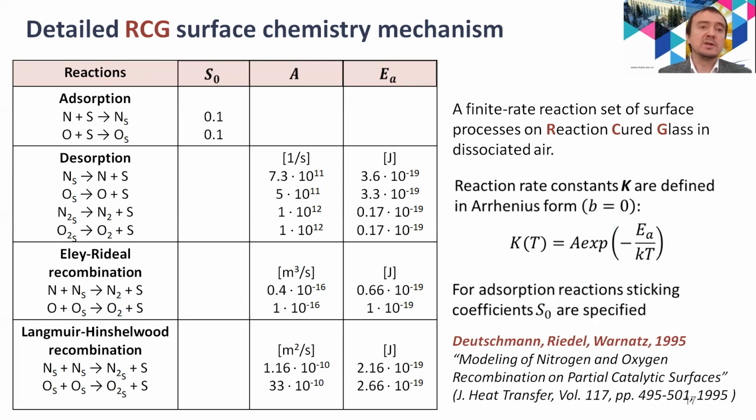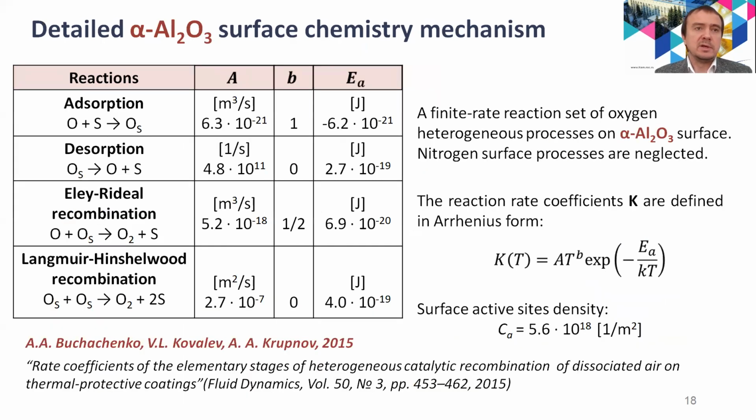And we considered here several different surface mechanisms. First one is the mechanism for reaction cured glass of Deutschmann, Riedel, and Werner. Second one is the mechanism of Kovalyev and co-authors for crystalline alpha alumina.